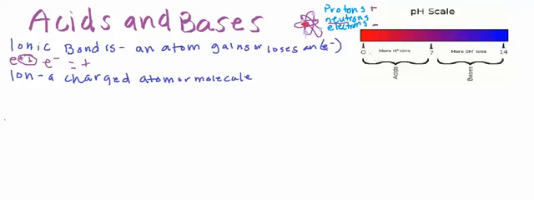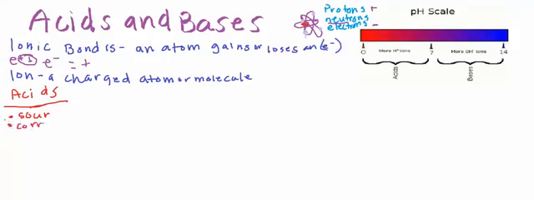You have your acids, which are on a scale of 1 through 6, and your bases, which are on a scale of 8 through 14. So acids, their characteristics are they're going to taste sour, which I strongly hope you don't taste most acids. It's probably not pleasant, so you don't want to.